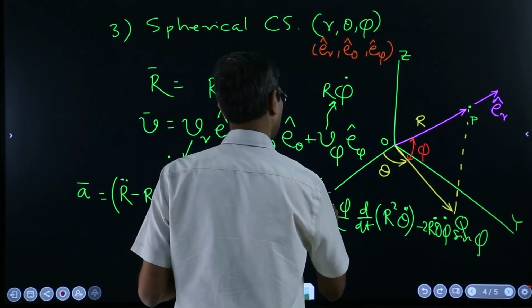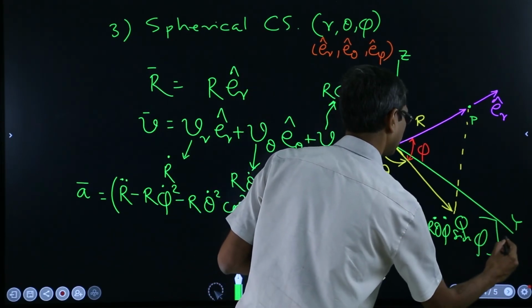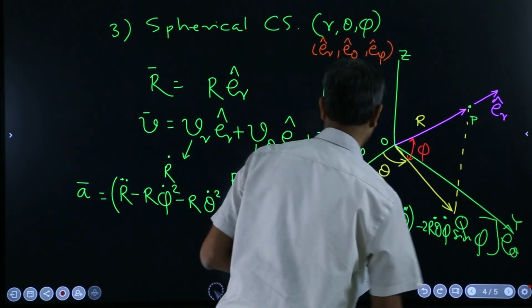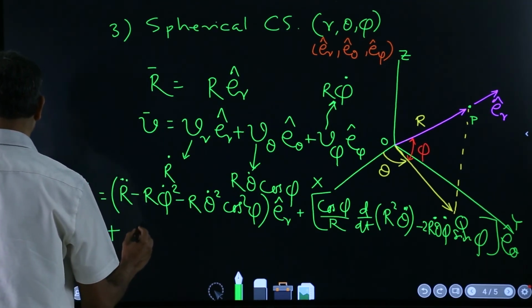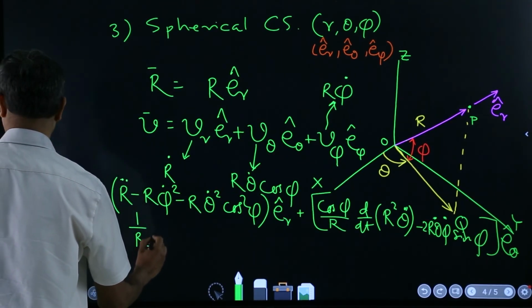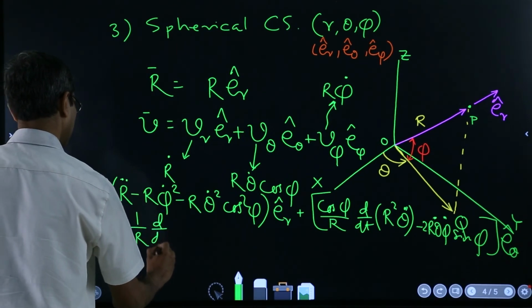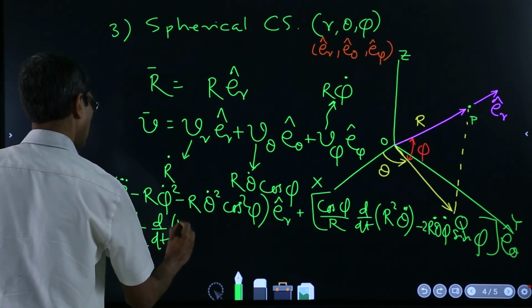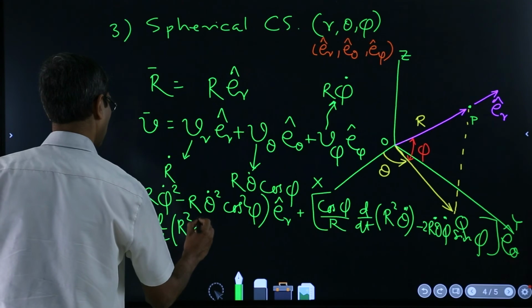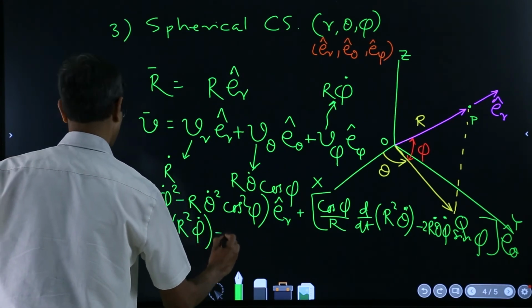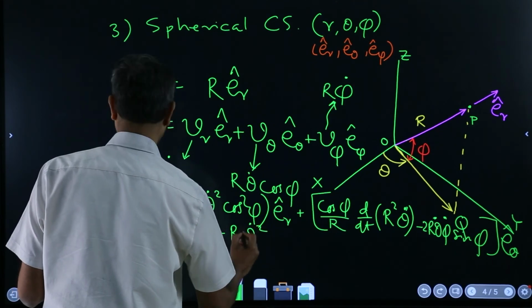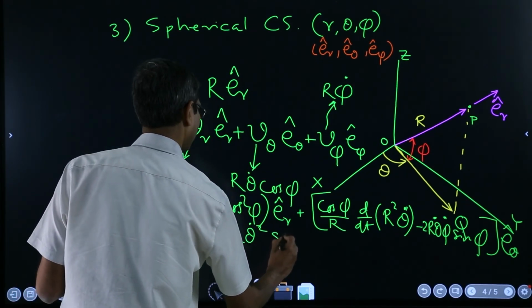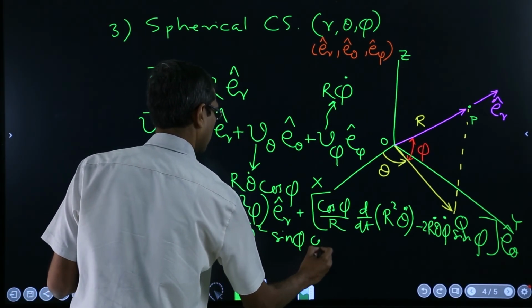Okay. So now this is with e_theta, plus 1 over r d by dt of r squared phi dot plus r theta dot squared sine phi cosine phi.